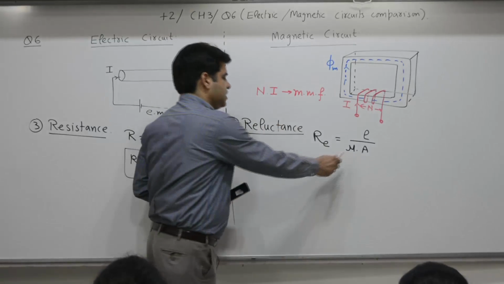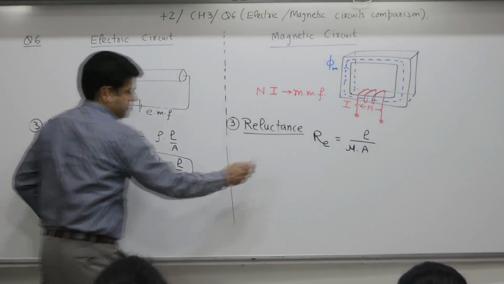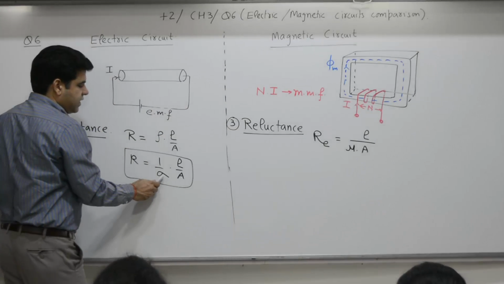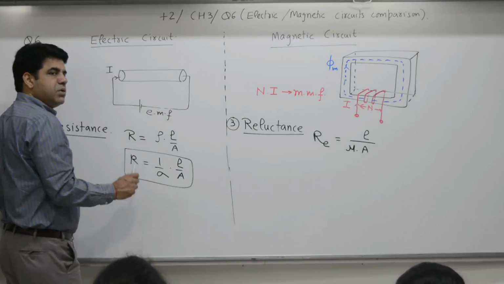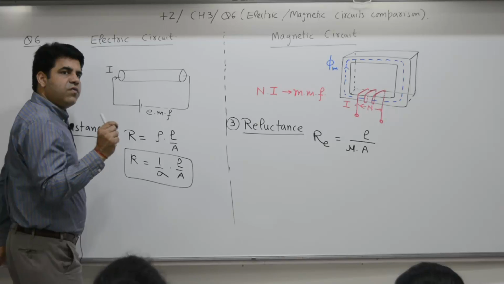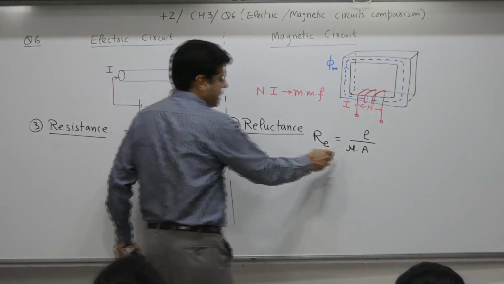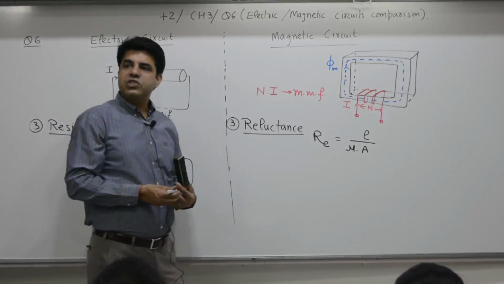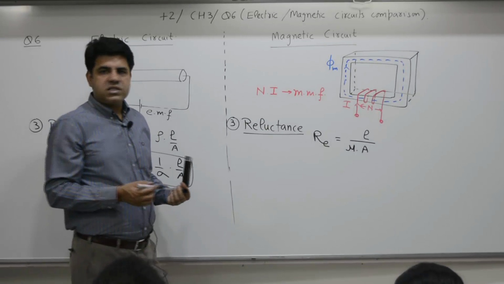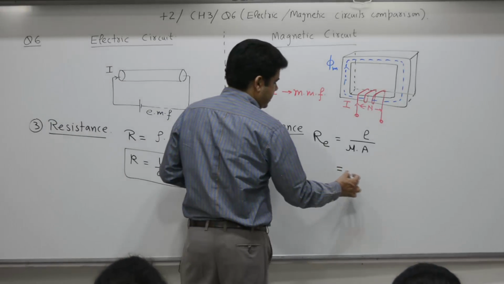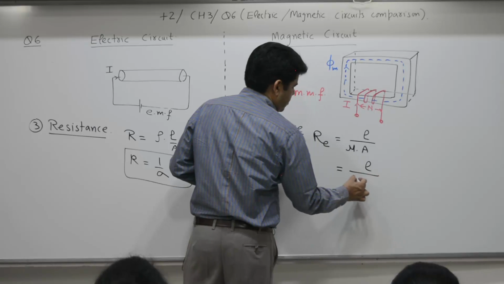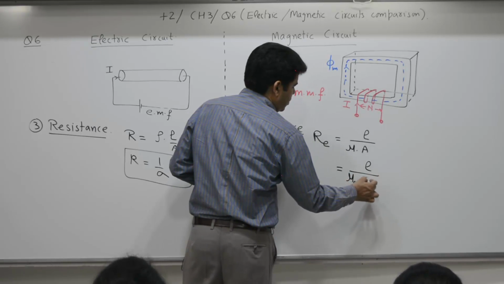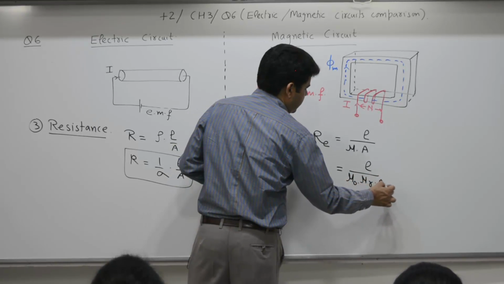Then what is this? If conductivity is high, material is a good conductor for flow of current. If permeability is high, material is good for magnetic flux, and it is written as mu naught into mu r into A. What is mu r?